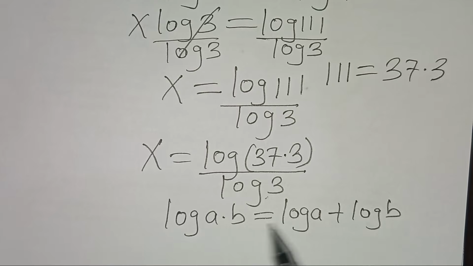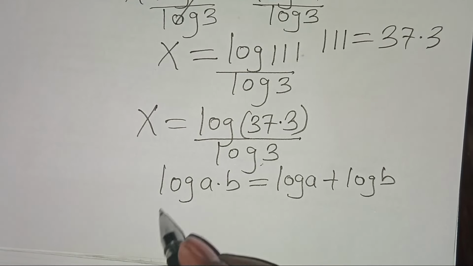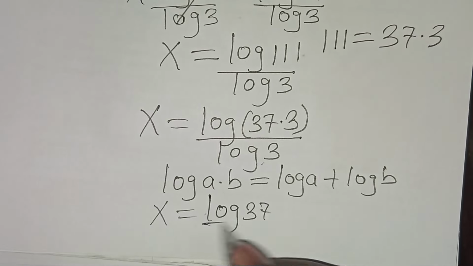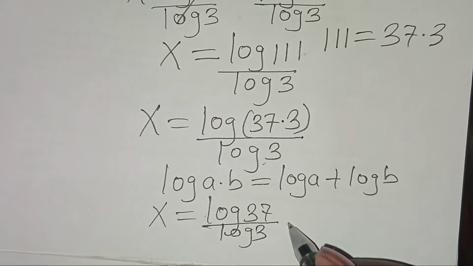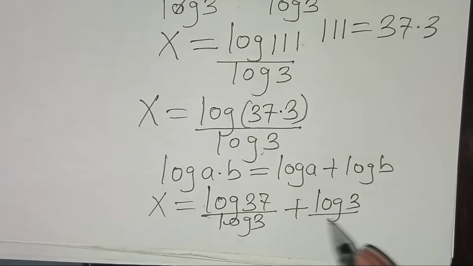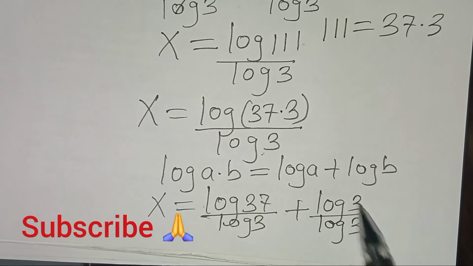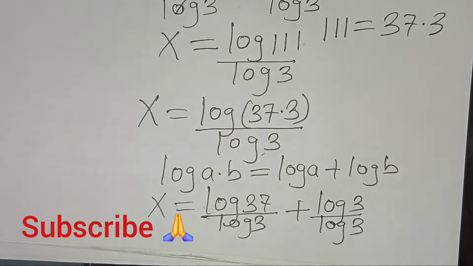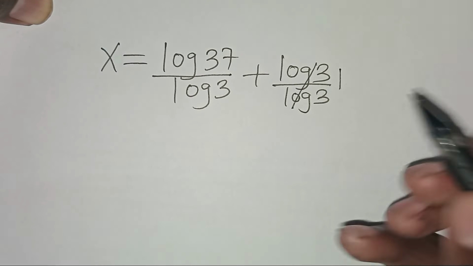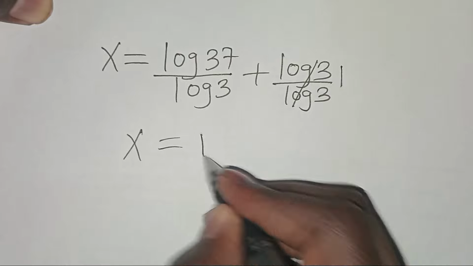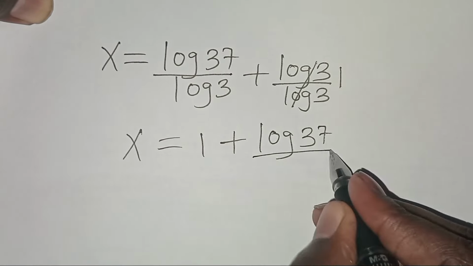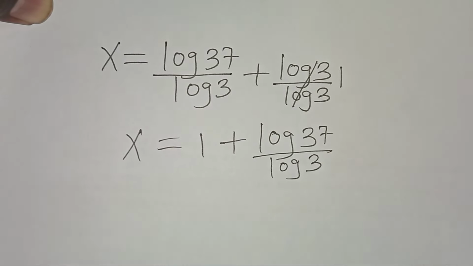Applying this logarithm property, x is equal to log 37 divided by log 3 plus log 3 divided by log 3. Let's continue to simplify: log 3 and log 3 simplify so that this is 1. So x is equal to 1 plus log 37 divided by log 3.